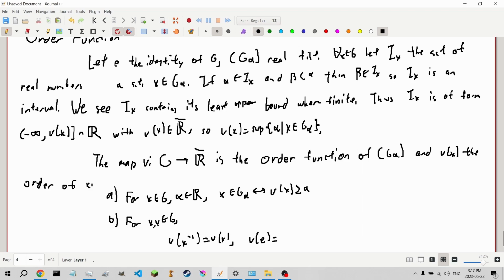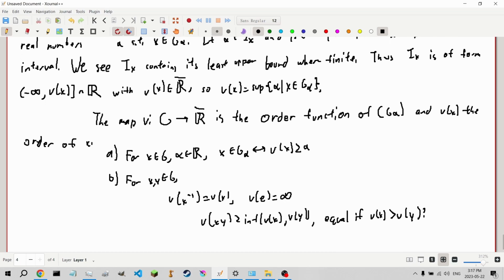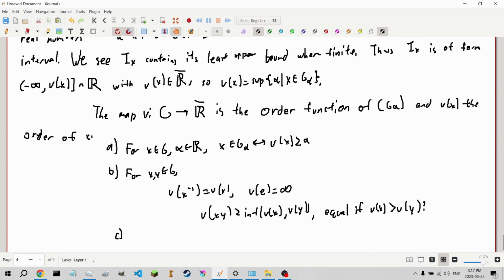V of the identity is positive infinity. V of x times y is at least the infimum of V of x and V of y, and these are equal if V of x is greater than V of y. Not sure about that, I'll have to look into that.